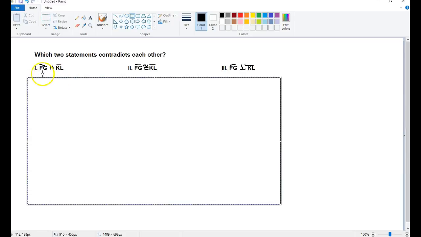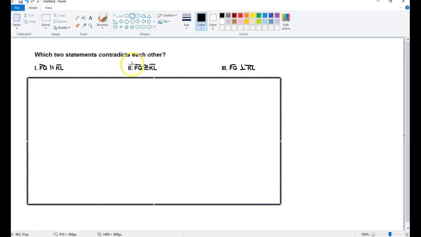We are given line FG is parallel to line KL, line FG is congruent to KL, and line FG is perpendicular to KL. Which two cannot happen at the same time? We look at each one of these paired off together, one at a time. Can a line be parallel and congruent?